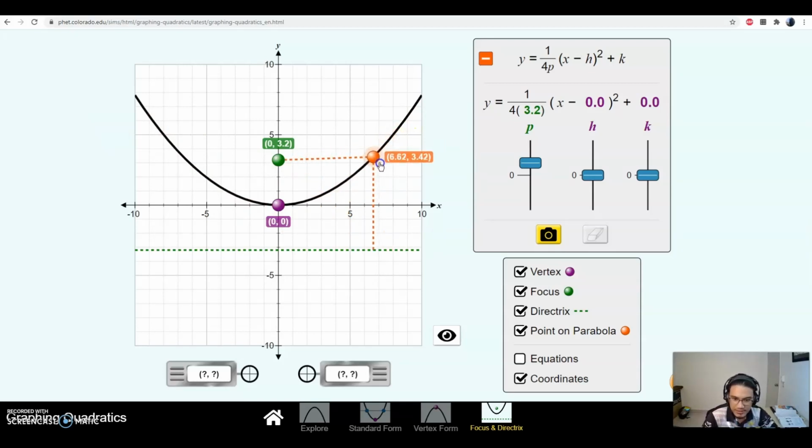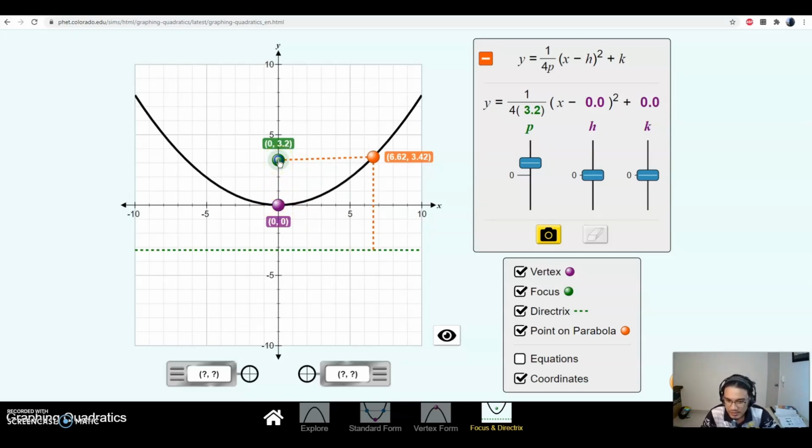We have another green dotted line, which is called the directrix. You can see the distance between the vertex and the directrix must always be the same as the distance from the focus to the vertex, which is the purple dot.